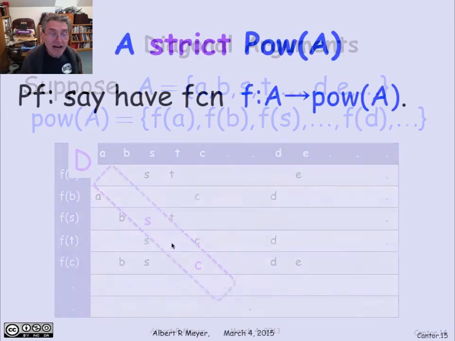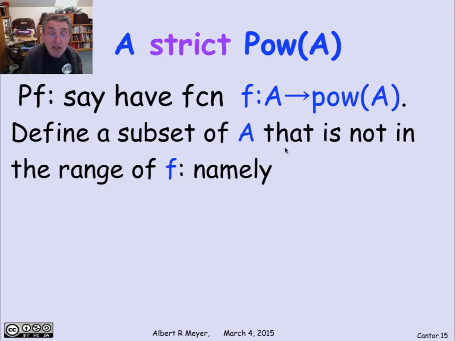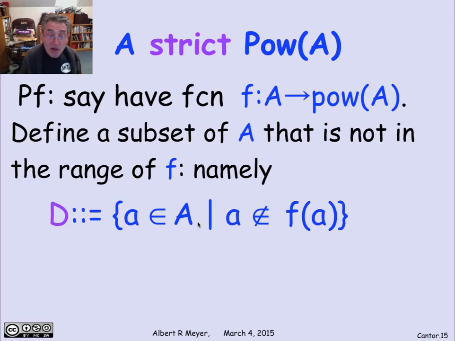Okay, so if we write this out, what we're saying is, suppose that I have a function f from A to the power set of A, then what I'm going to do is define a subset of A that's not in the range of f, namely set D, which is the set of those elements little a in A such that little a is not in f of a.